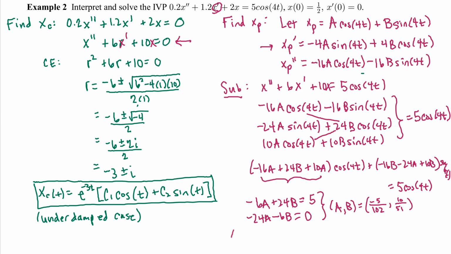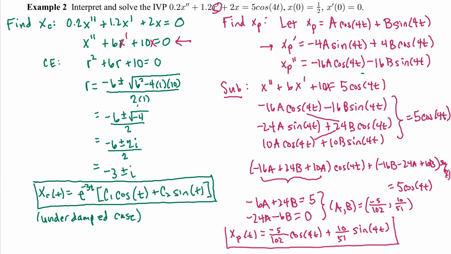So our x sub p term, our particular term, is negative 5 over 102 cosine of 4t plus 10 over 51 sine of 4t. So those are the two parts to our solution. X sub p is going to become our steady periodic, or our long-term, solution. Now we do have a couple of initial conditions to consider, so let's work on those next.